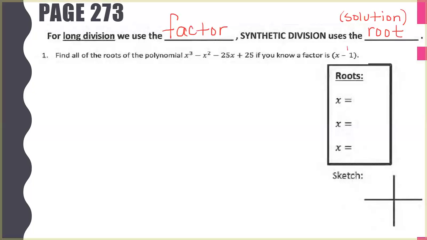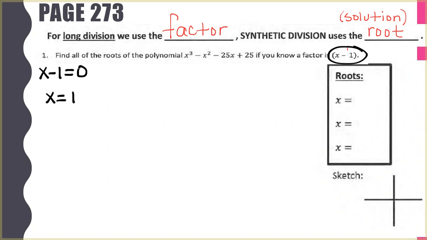Okay, so for synthetic division, we're only going to use the coefficient. So we're not setting it up and doing long division. So the first thing I'm going to do is set the factor that they gave me equal to 0. So if x minus 1 equals 0, then my solution is 1.